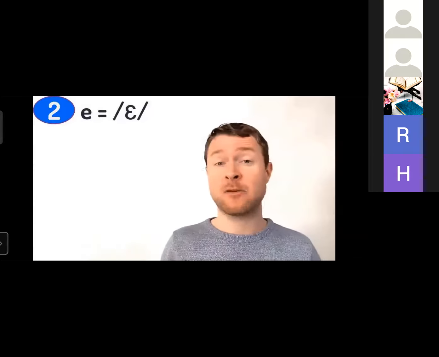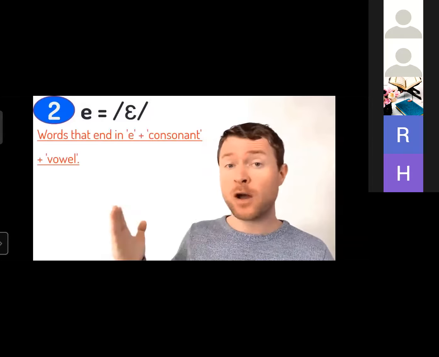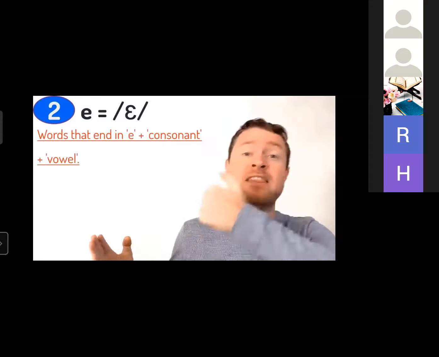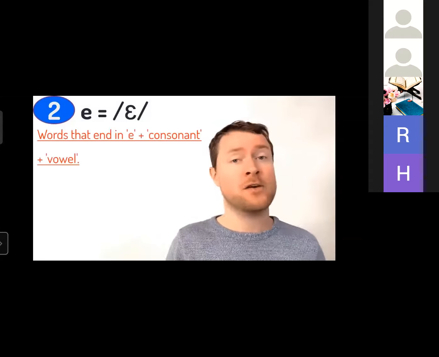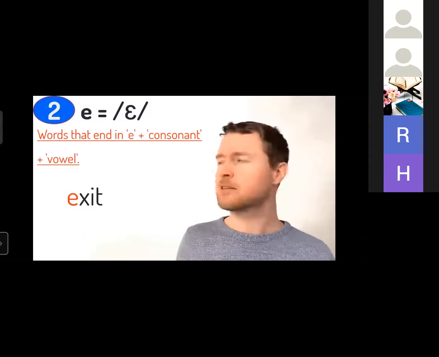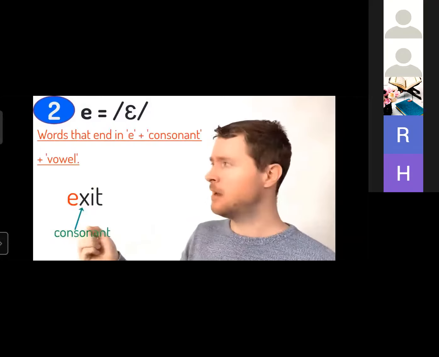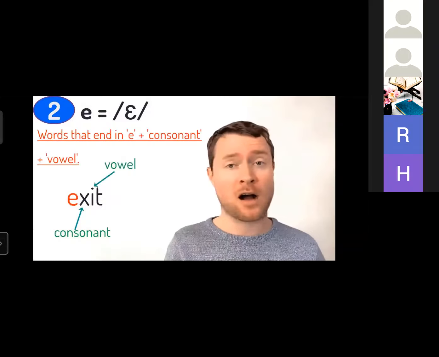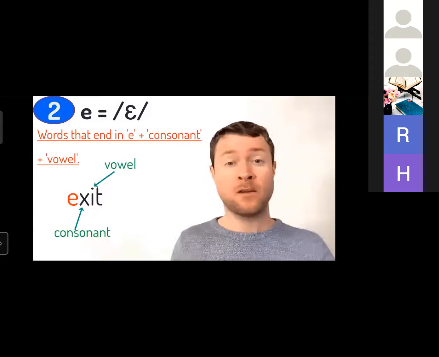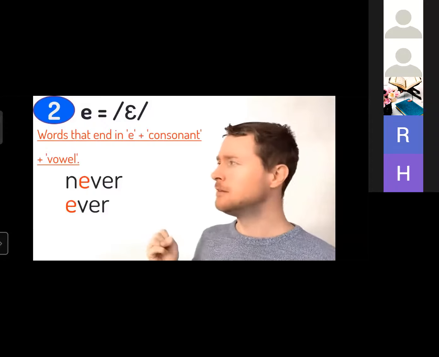You'll also see the letter E pronounced E in words where you see the letter E followed by a consonant and then another vowel. So look at the word exit. You've got the letter E, then you've got a consonant, X, and then you've got another vowel, I. Look at the word never or ever or level.